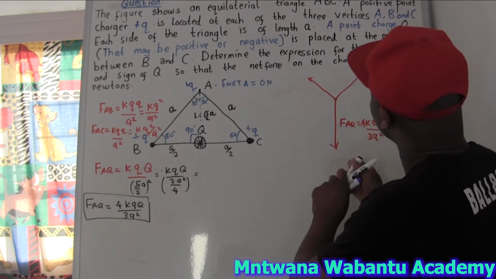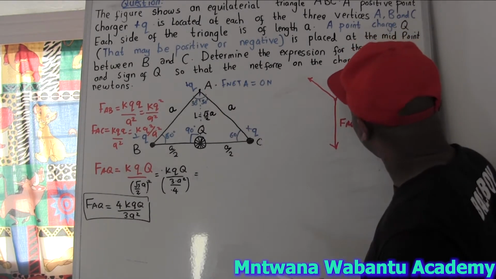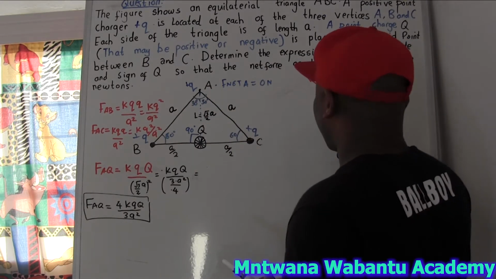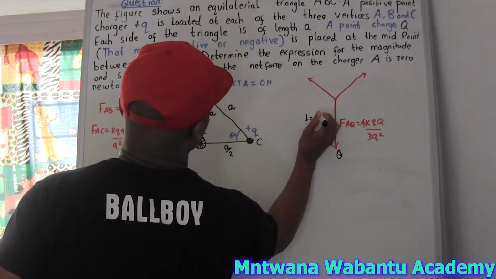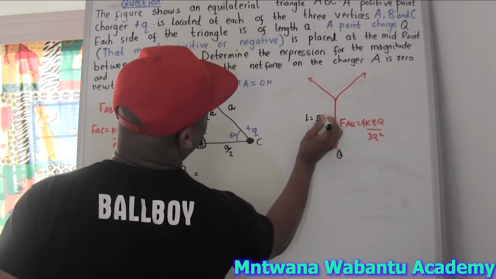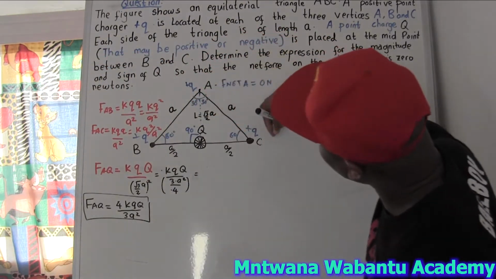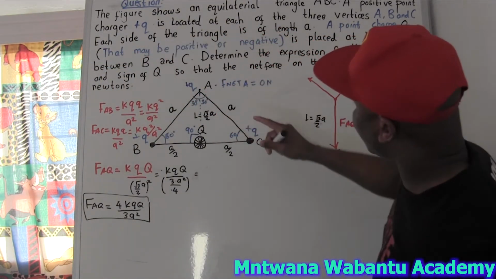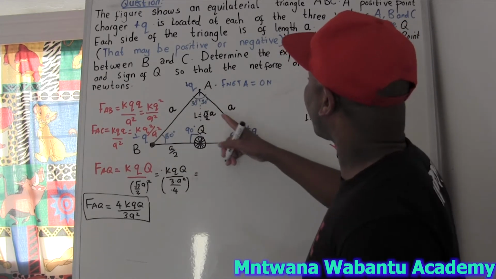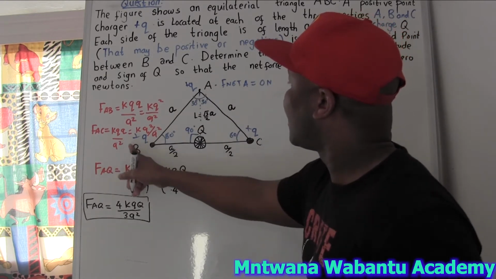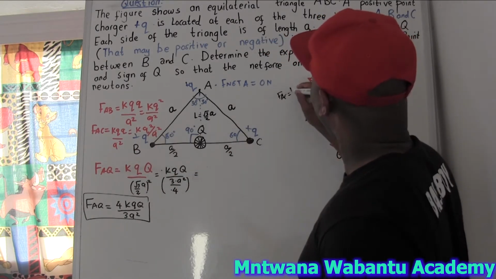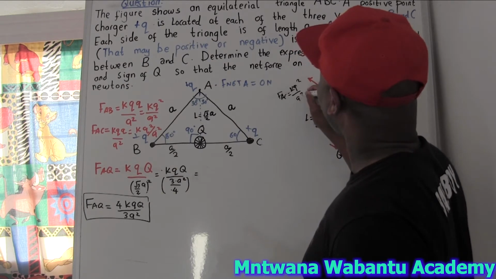So this is A. Remember, this is q, no, this one is Q. And we have this distance, which is L, equal to square root of 3 over 2 A. This one we have a force, force AC, equal to kQ squared over A squared.